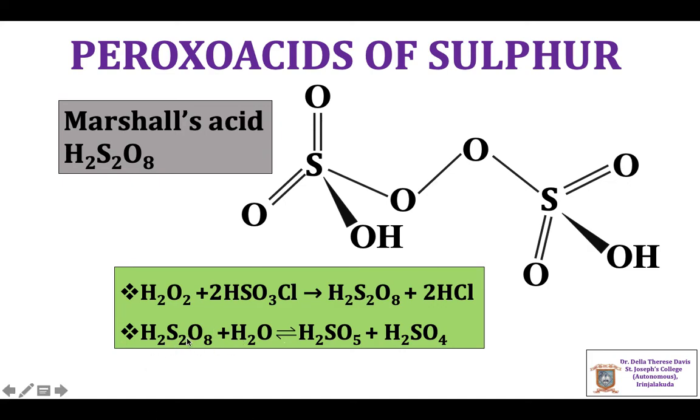The equation is H2S2O8 plus H2O giving H2SO5 plus H2SO4. In Marshall's acid, there is a peroxo linkage and each oxygen is bonded to sulfur. The sulfur atoms are bonded to two oxygen atoms by double bonds and one OH group by single bond.